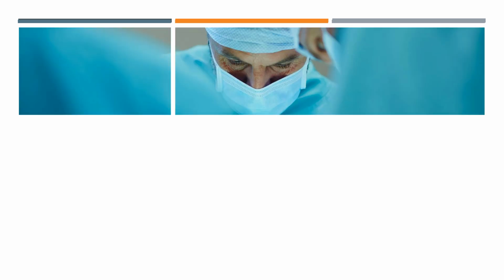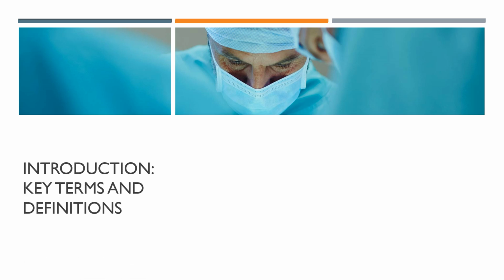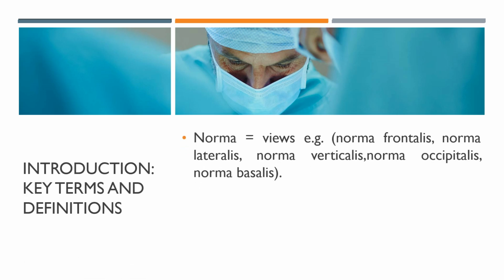So before we dive into the details of our session, let's clarify some important terms that we will frequently use throughout the course. We have the term norma, and norma refers to different views of the skull.